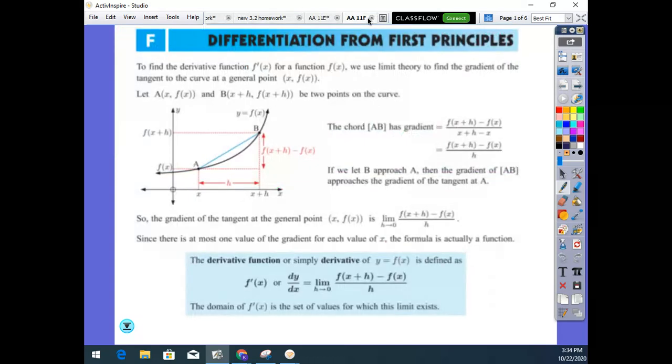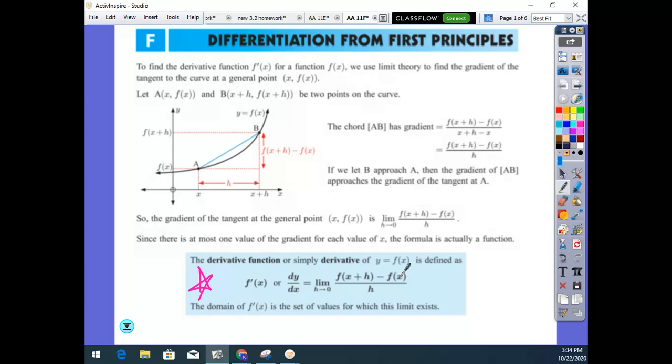I'm also going to tie together section F and put it all in the same video. So most of the time we don't have a nice pretty line like in section E that we can find the slope of. So then we go back to the derivative function, which is our limit as h approaches 0 of f of x plus h minus f of x all over h.